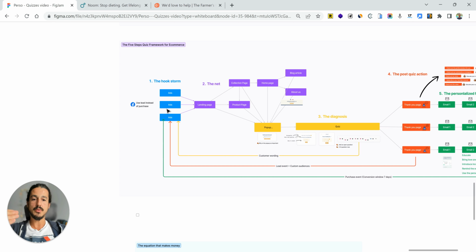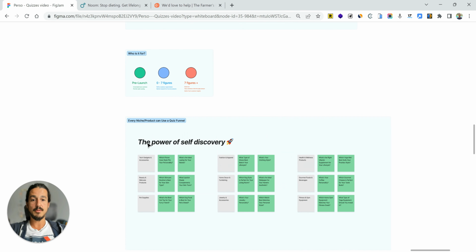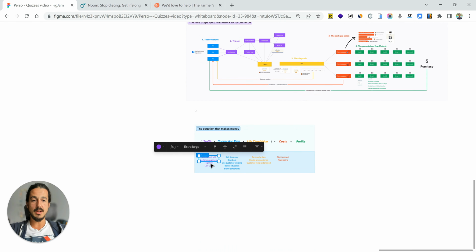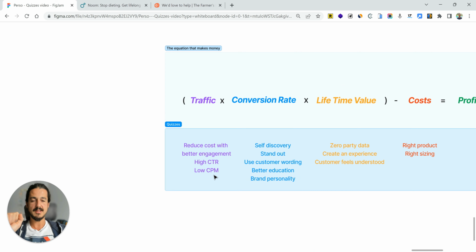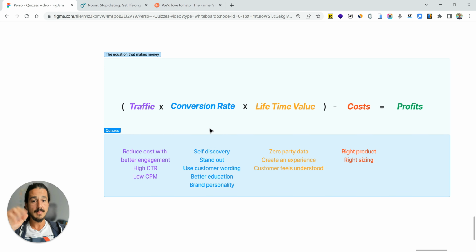Now, if in your ad you say, find out the best coffee for your needs, then this is self-discovery. Here is the power of self-discovery, and the engagement could be a lot better. This is not what we used in this example, but it could be. So you will have higher CTR and lower CPM, more engagement. You pay less for your ads.